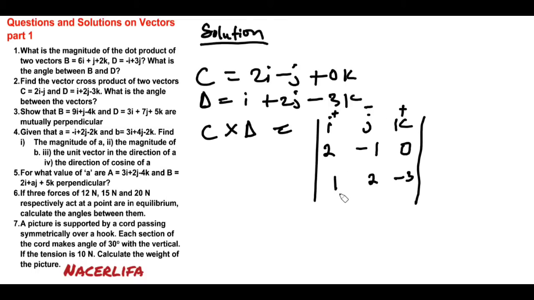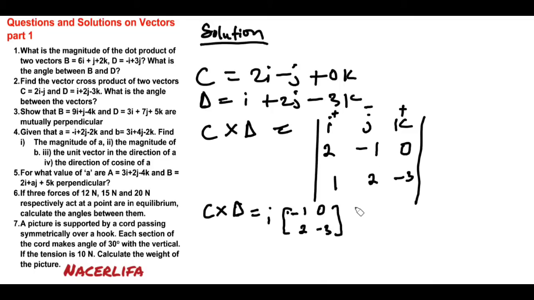So we take this and we find the minor of this. So how do we go about it? We have that C cross D equals, we take this I, then we close this, we have minus 1, 0, minus 3. So this is how to find the determinant.